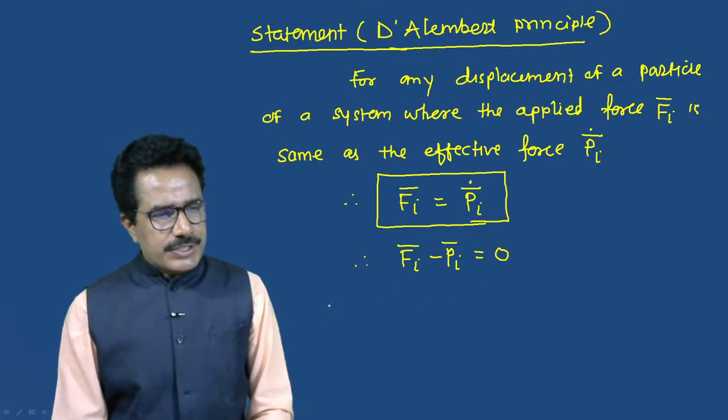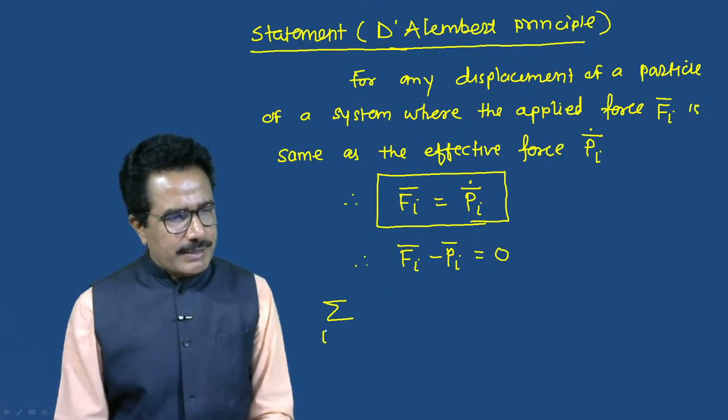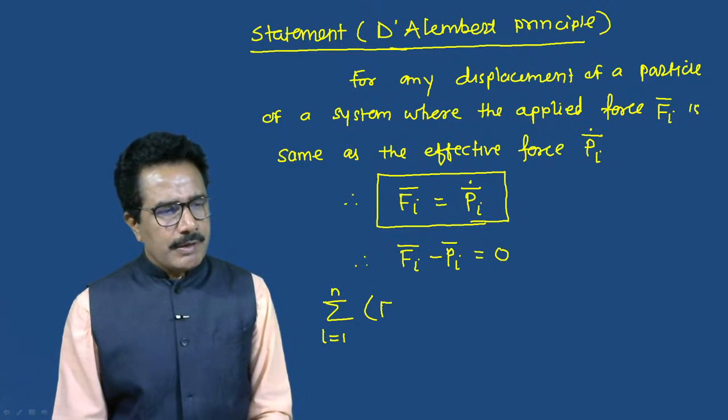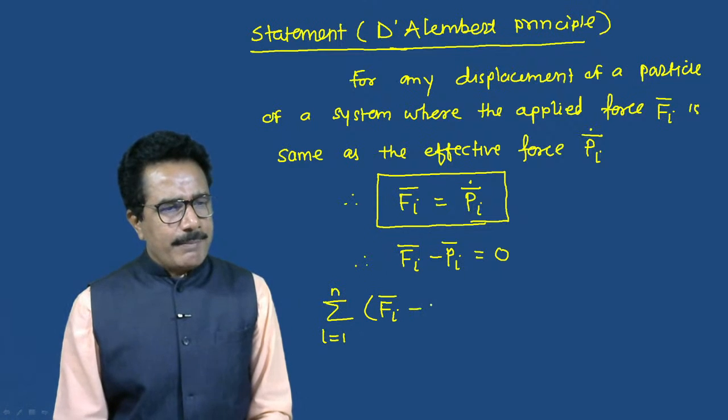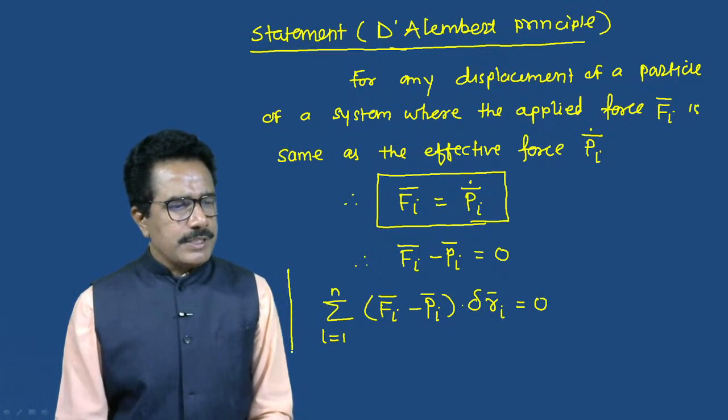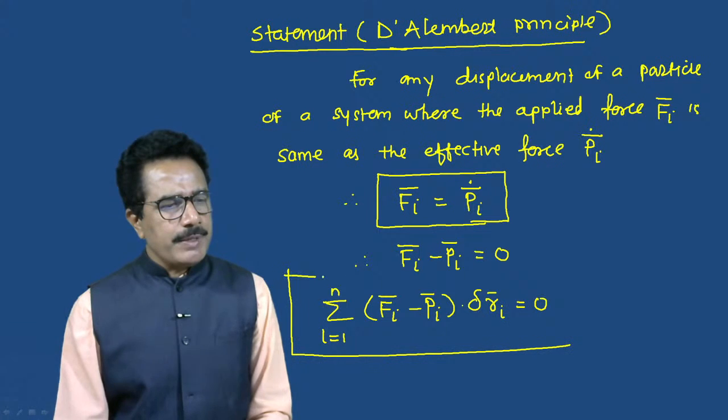And for the system we can write summation i equals 1 to n of Fi bar minus Pi bar dot into delta Ri bar, which equals 0. This is called D'Alembert's principle.